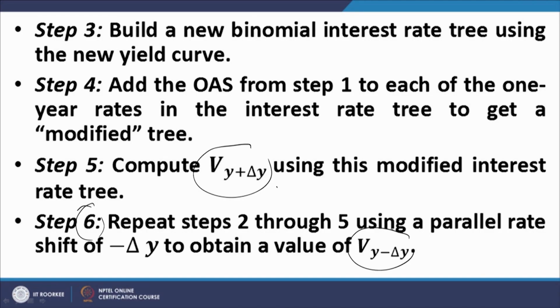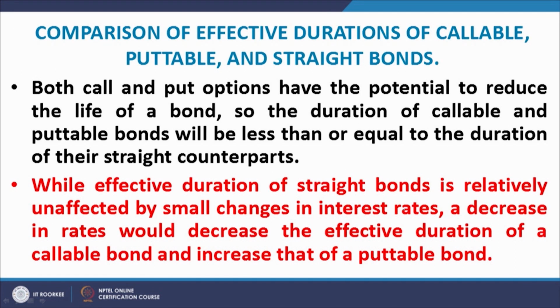You will get duration, modified duration, that is D mod or D effective is equal to V y minus delta y minus V y plus delta y. Please note y minus delta y is on the left hand side. Why? Because we have a minus sign when we define the modified duration. So, this is to be divided by 2 delta y into P of y. So, that is how you work out the modified duration of an option embedded bond.